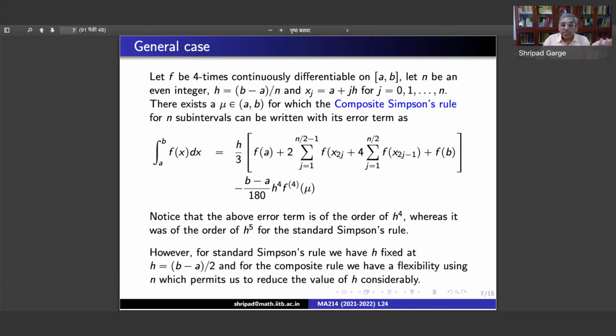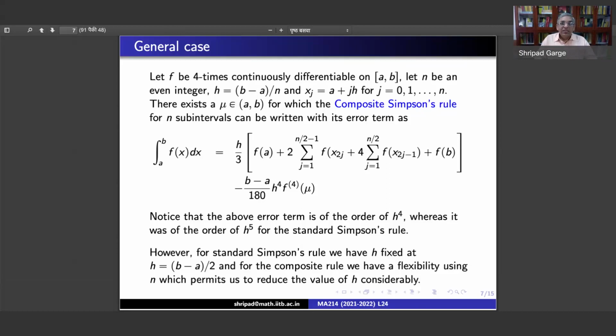The earlier one was simply h equal to b minus a by 2. You are using Simpson's 1/3 rule, so you should take 3 nodes, x0, x1, x2, and therefore your h was simply b minus a by 2. But here you can make h smaller and smaller, and therefore the h power 4 vis-a-vis h power 5 in the earlier rule doesn't seem like a bad bargain.